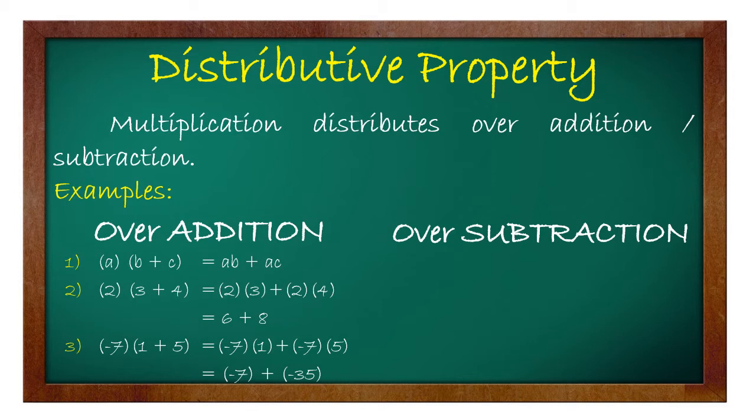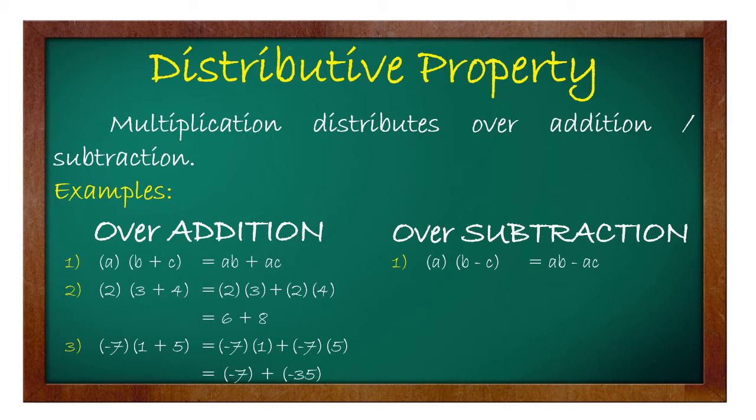Okay. So, distributive property over subtraction, ganun din ang gagawin natin, pero kung mapapansin mo, yung operation natin dun sa ating groupings ay addition, ngayon naman subtraction. So, A times the quantity of B minus C, so i-distribute lang natin si A kay B at saka kay C. So, that is equal to AB minus AC.